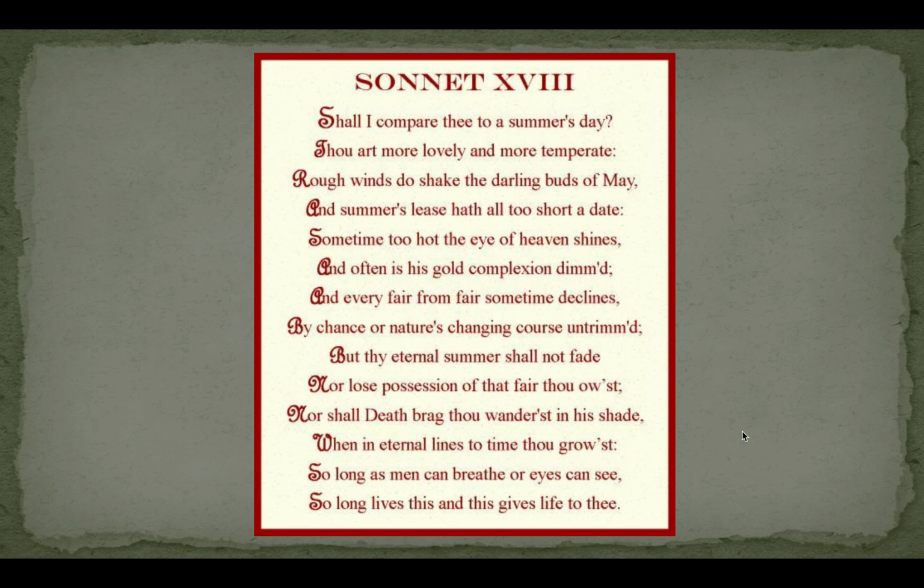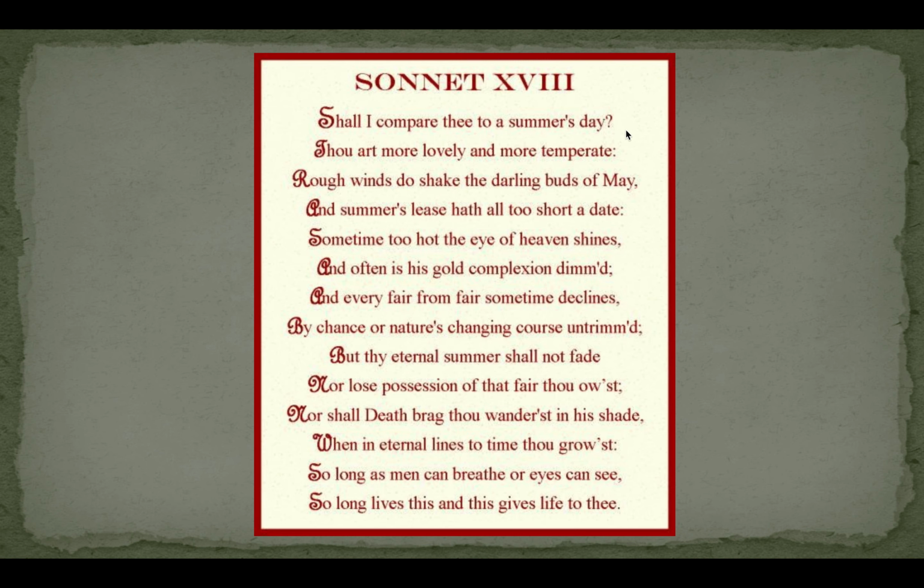So we've got our first quatrain, and taking a look at the first 4 lines, let's see, what is this about? We know that the speaker wants to compare someone to a summer's day. Let's see, shall I compare thee to a summer's day? Okay, there's our topic. There's this comparison.